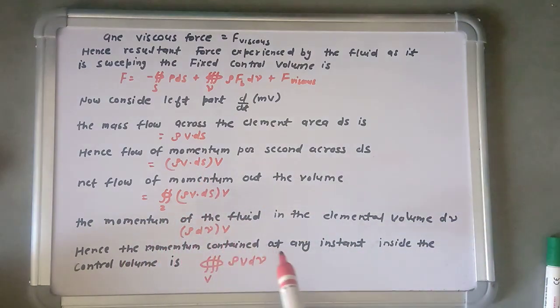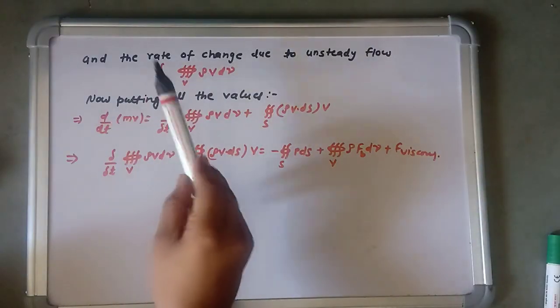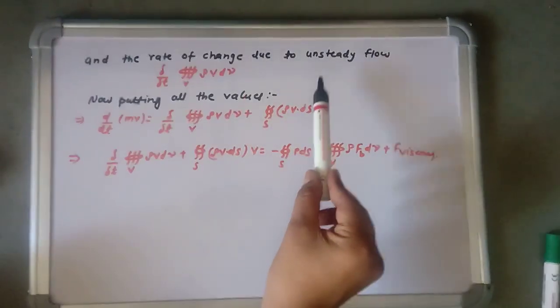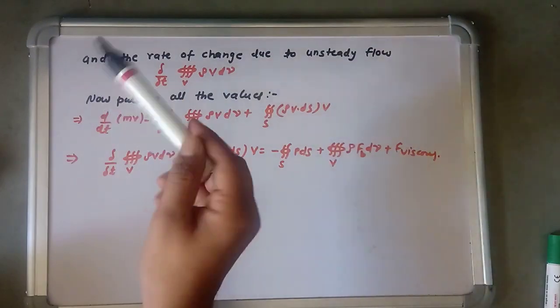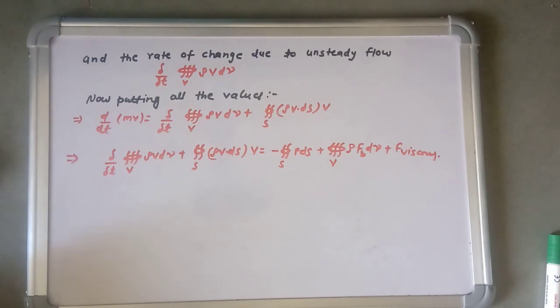The momentum of the fluid in the elemental volume dv equals rho dv multiplied by velocity. Hence the momentum content at any instant inside the control volume is given by the closed integral of rho v dv, and the rate of change due to unsteady flow is del by del t of the closed integral of rho v dv.